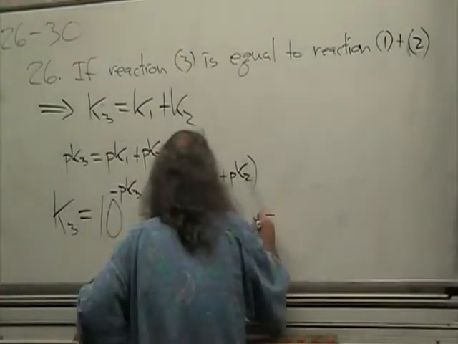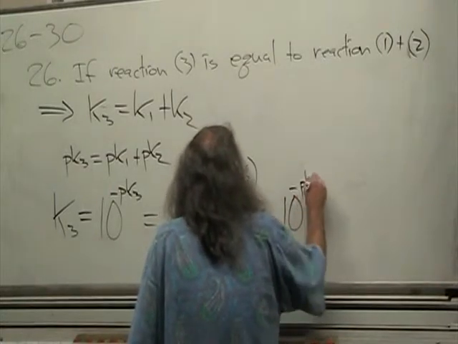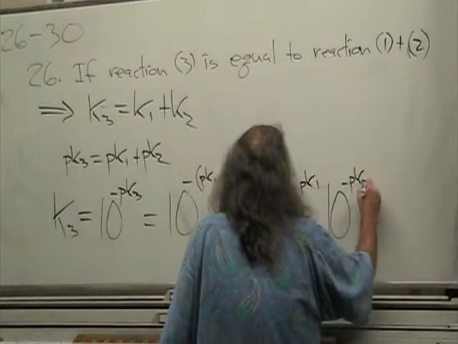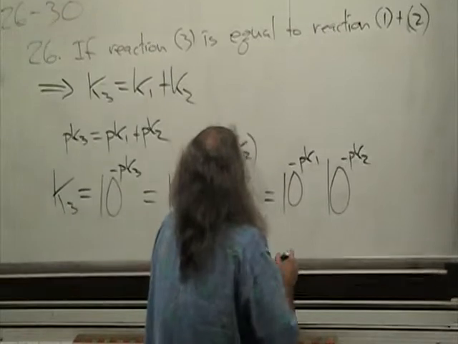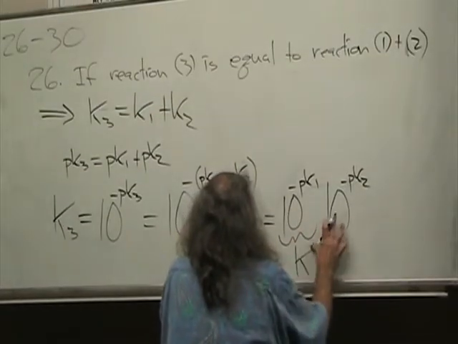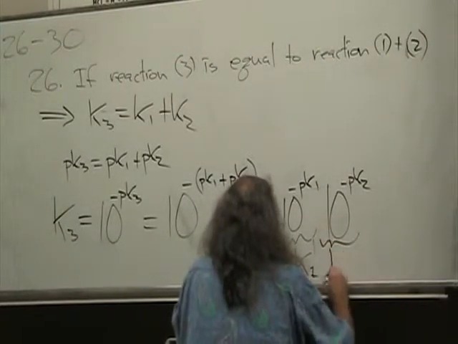And now we can factor this in the exponent differently. This is equal to 10 to the minus pK1 times 10 to the minus pK2, which is K1 times K2.